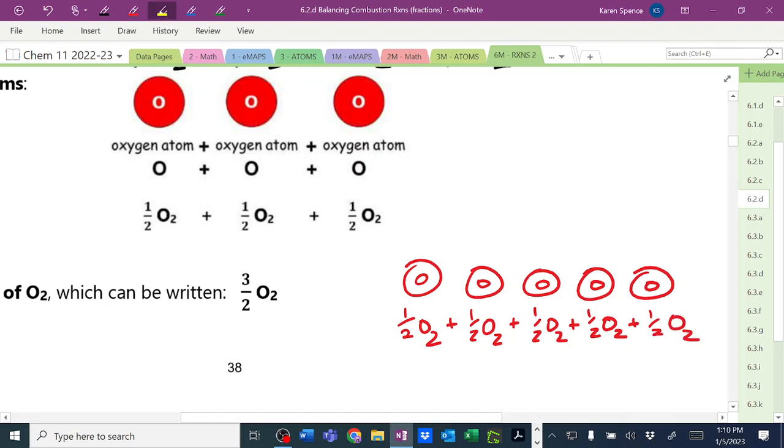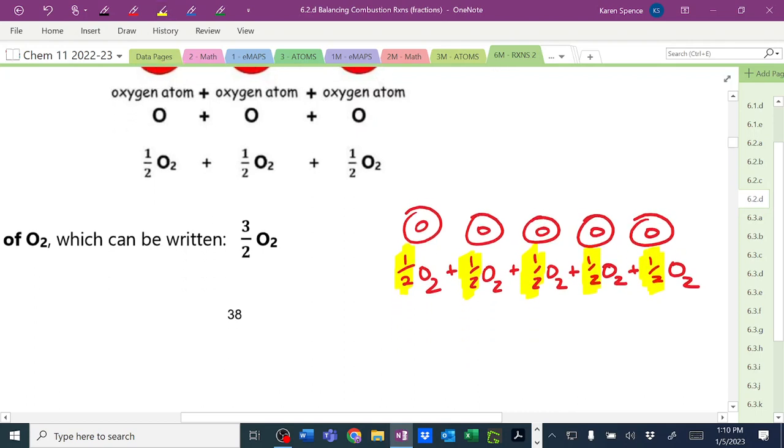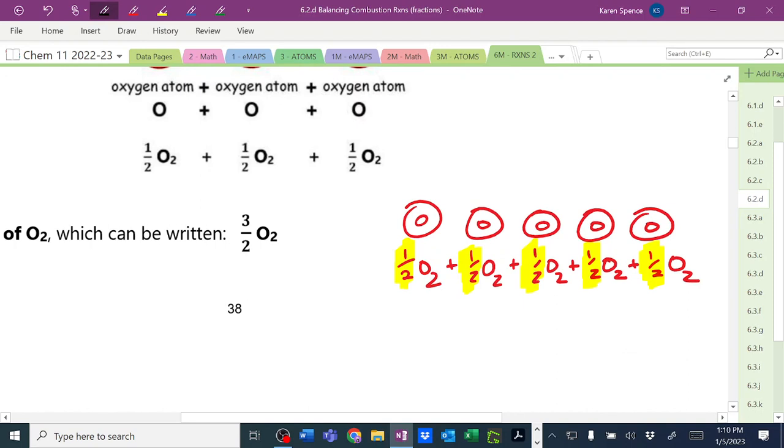How many halves is that? 1, 2, 3, 4, 5 halves. Now we have 5 halves of O2 is equal to 5 oxygen atoms.